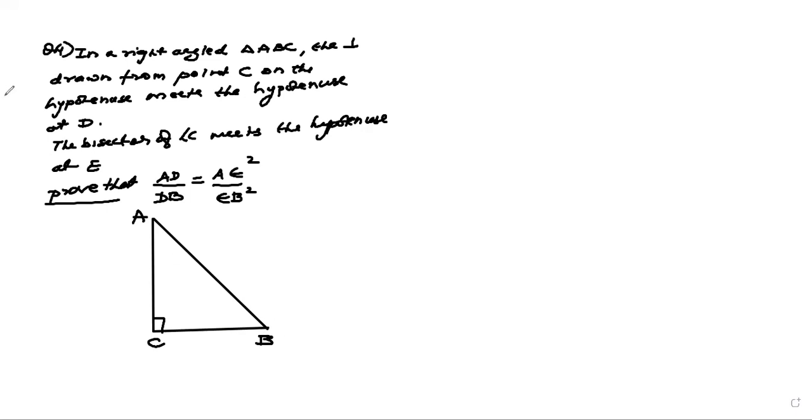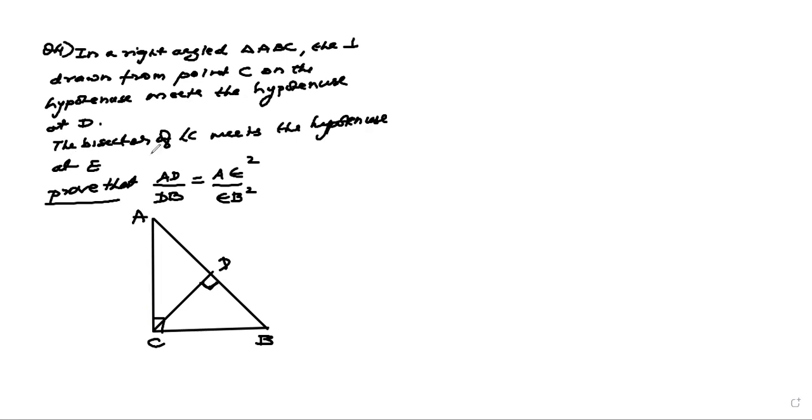So what I do, I just draw that perpendicular. CD is perpendicular to the hypotenuse AB. CD is perpendicular, 90-degree marking, okay?